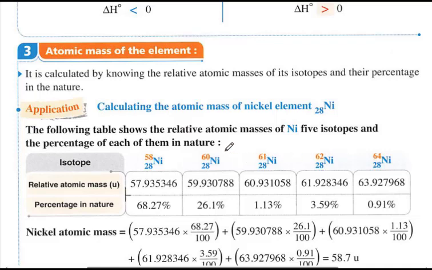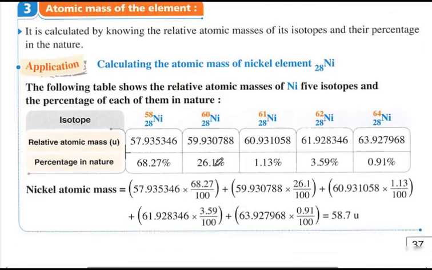So if we calculate the average mass of nickel, we can know the exact mass from these 5 isotopes. So the mass of nickel equals the mass of each isotope multiplied by its percentage, and it is the summation of all these.